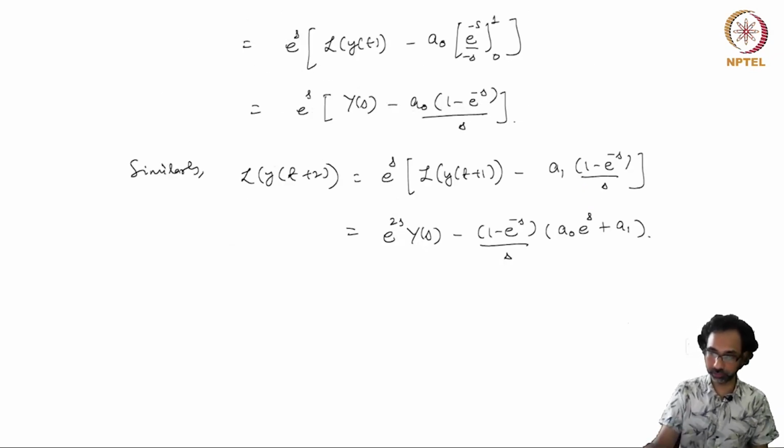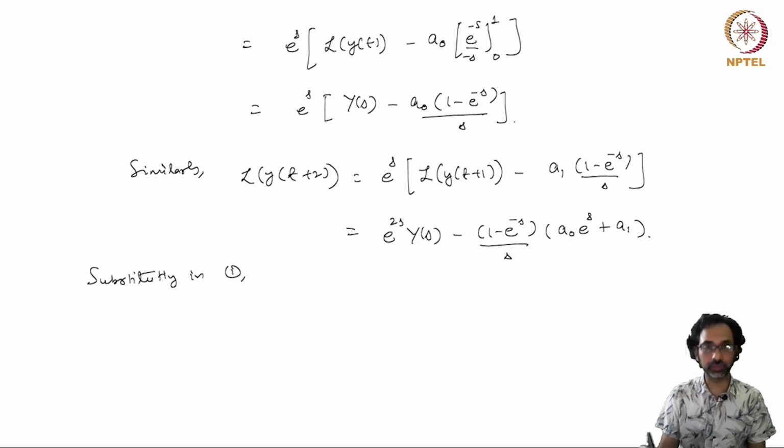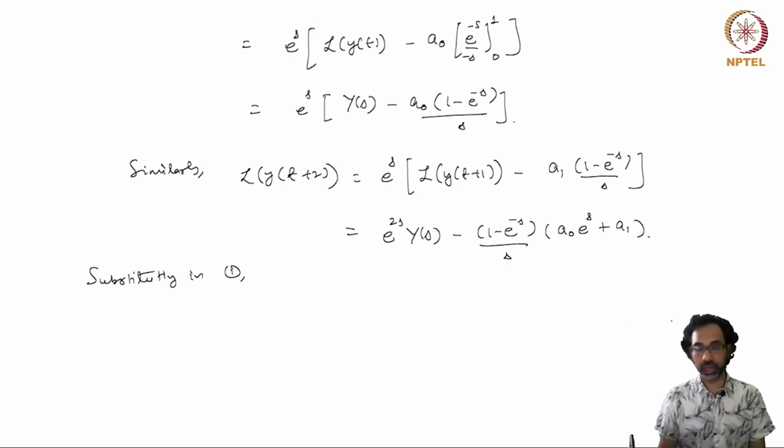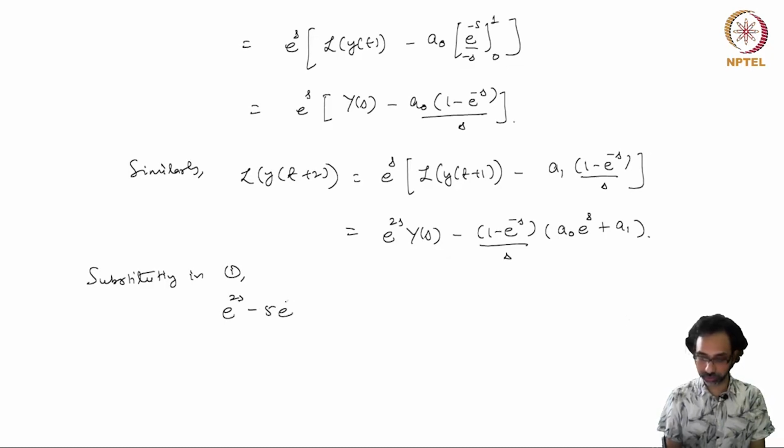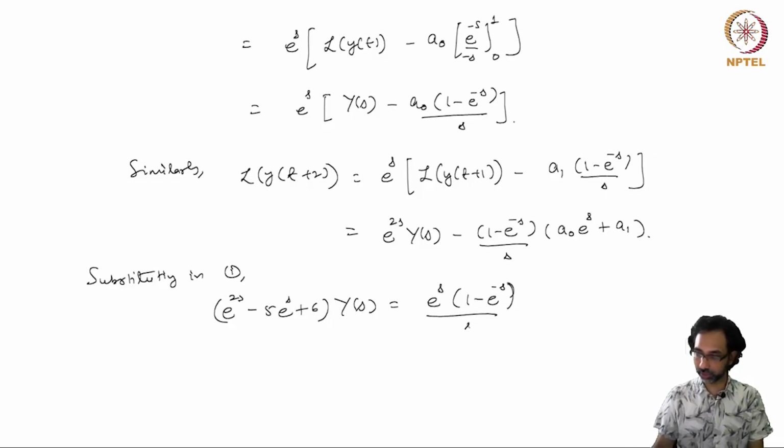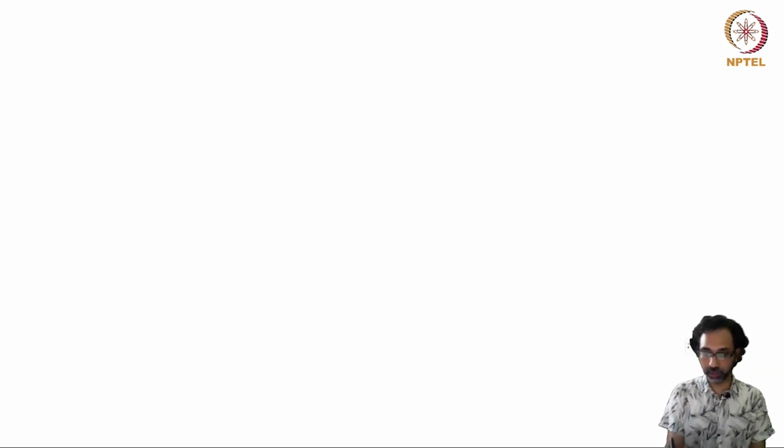Substituting in 1, we get the following: (e^(2s) − 5e^s + 6) Y(s) equals e^s times (1 − e^(−s))/s, using the fact that a0 equals 0 and a1 equals 1 given as initial values for our recurrence relation. So we can solve this equation.